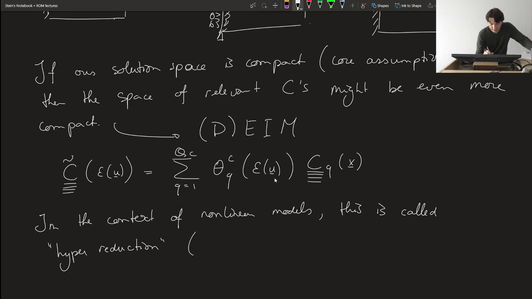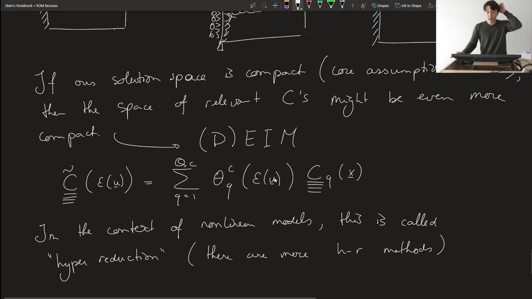And there are more of these methods, so there are more hyperreduction methods. This is just one of those approaches.